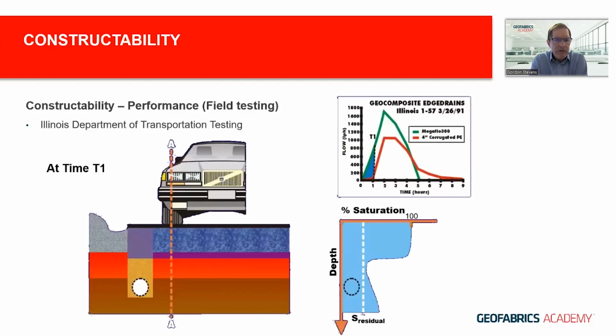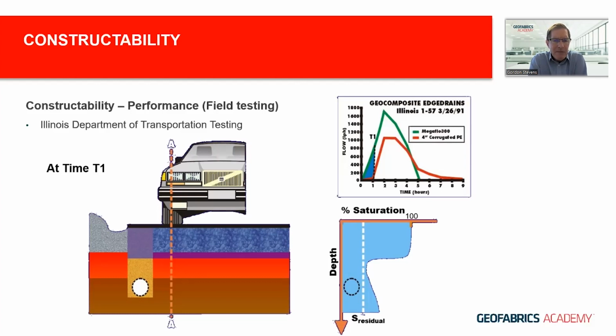Starting off at T1, after 1 hour of this rainfall event, as you can see, in the case of the round pipe, the base course is fully saturated. Just remember back to that repeated load triaxial testing, the reduction in performance due to saturation was quite dramatic.